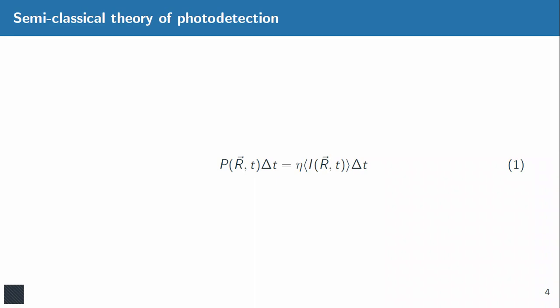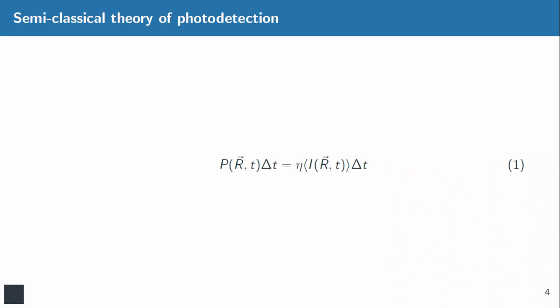So consider we have a detector situated at the position R, which we can define with a vector R. The probability of photodetection is directly proportional to the intensity, and we are taking the average intensity of the ensemble.